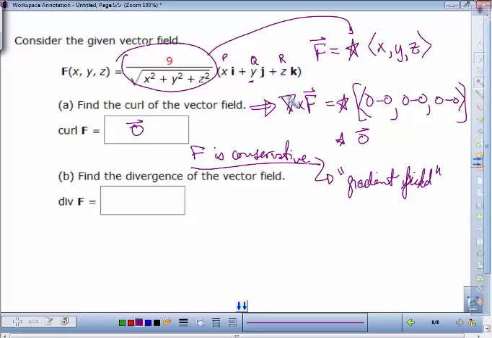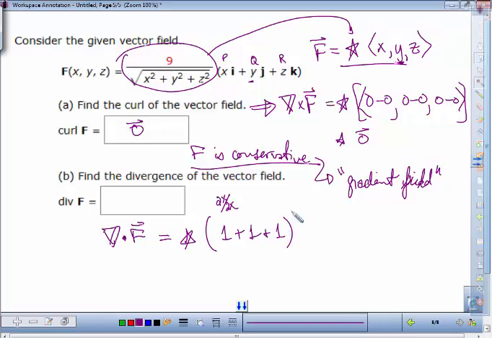Find the divergence of this thing. We'll use the same function, and then this time we'll take the dot product with a del operator. So again, the star is just going to be there. And so I'm going to want the partial of x with respect to x, partial of y with respect to y, partial of z with respect to z.